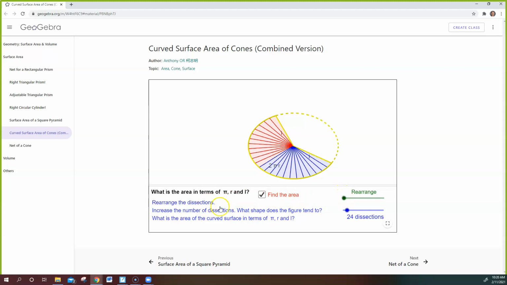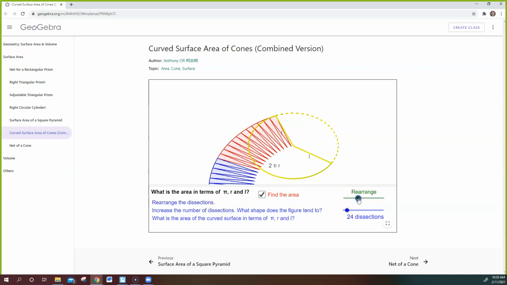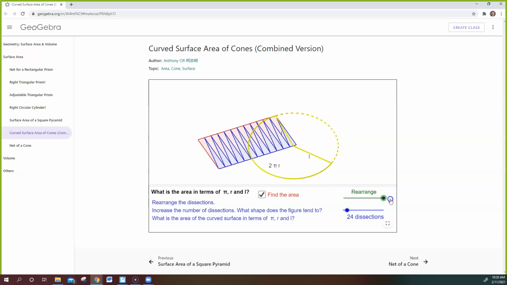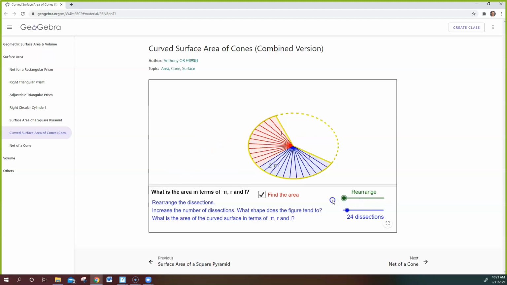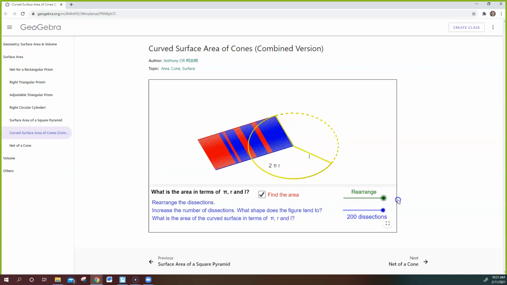And we could try to find the area if we rearrange these. It's kind of like a parallelogram. I think this is a cool view. We're not going to do this, by the way. I'm just showing you mathematically. There's many ways to solve these. If I increase the number of dissections and then I put them back together, you can see that just creates a rectangle.